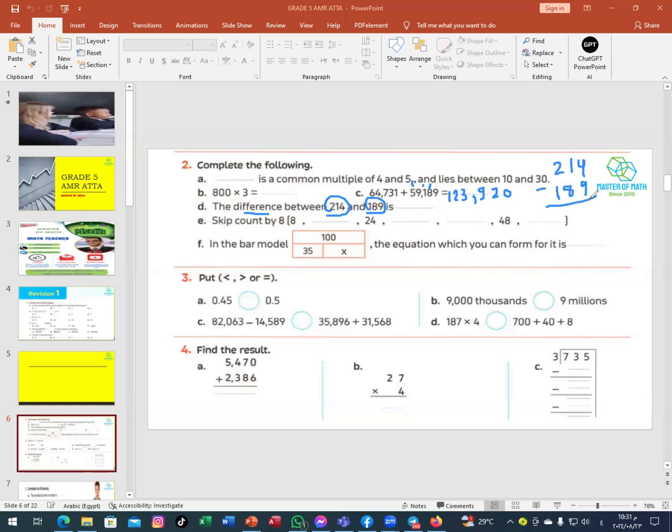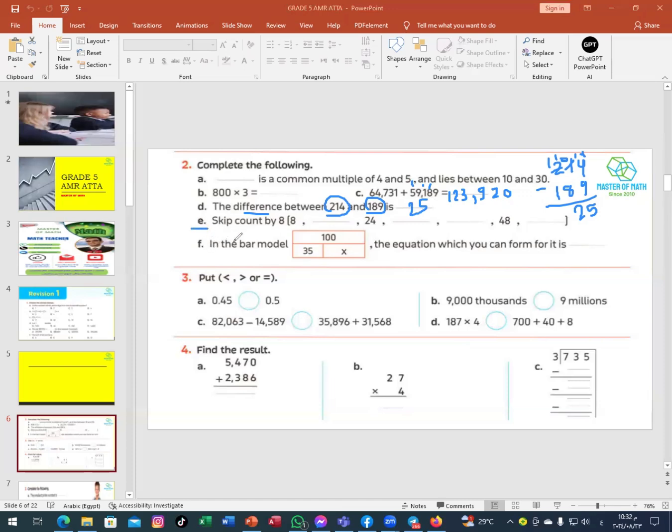Okay. 4 minus 9 is impossible, so I will take 1 from 1, it becomes 0, and this becomes 14. 14 minus 9, I have to count from 9 to 14. After 9: 10, 11, 12, 13, 14, so it's 5. 0 minus 8 is impossible, so I will take 1 from 2 to become 1, and 0 becomes 10. 10 minus 8 equals 2, so the answer is 25.